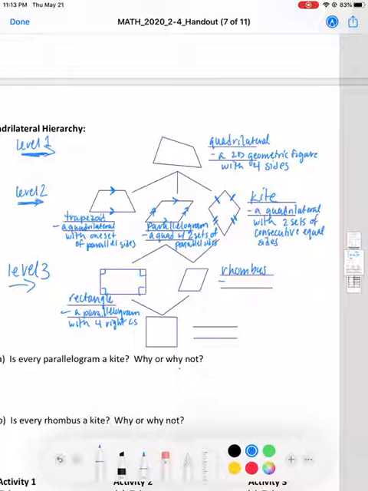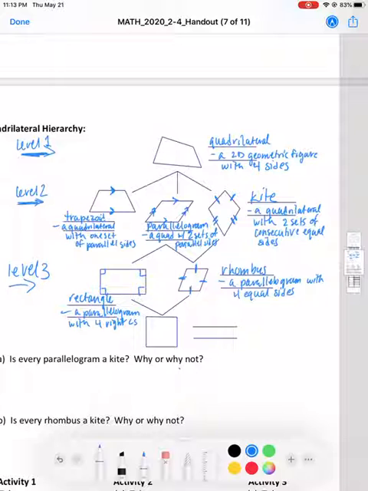The first one is a parallelogram with four equal sides. Because parallelograms do not have 4 equal sides, we can put these marks on here.